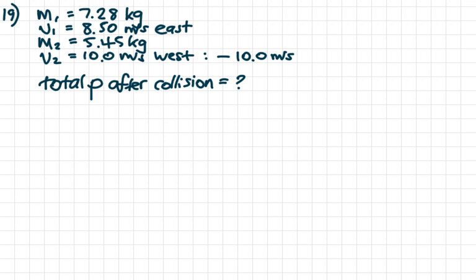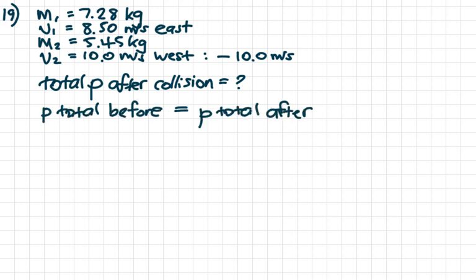And so we know that from conservation of momentum, that total p after the collision, which we don't know anything about after the collision, but we know a bunch of things before the collision. Good thing, because the total momentum before the collision is the total momentum after the collision, if there's little to no friction. We're talking rolling bowling balls, so there's very little friction there.